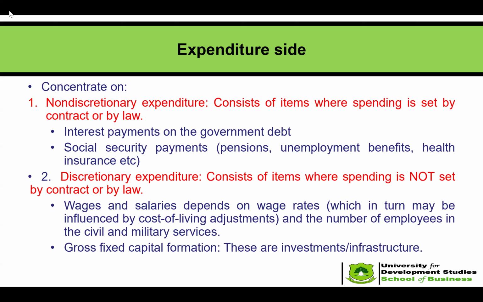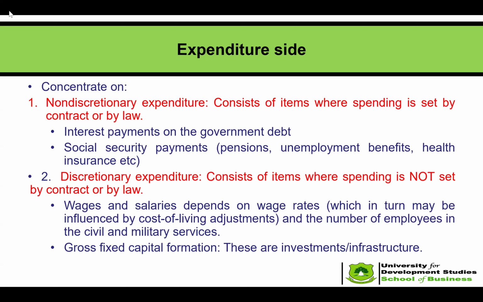For instance, governments would have debt to pay. The debt services, the interest payments on those government debts, are non-discretionary expenditure. You can't say, I'm not going to service my debt. Government social security, no matter how long it takes government to pay in Ghana, government would definitely have to pay, because it is also non-discretionary expenditure.